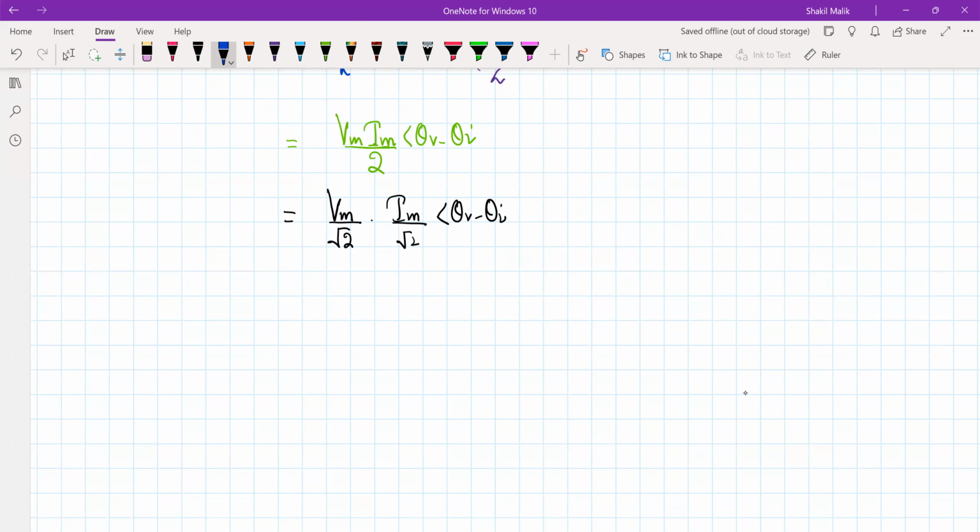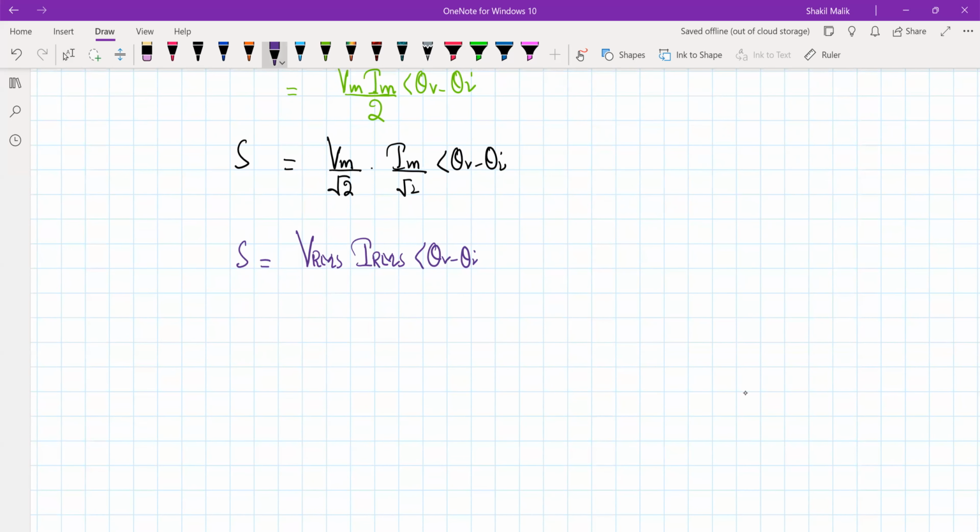So the maximum value of the voltage divided by root 2 is the RMS value of the voltage. So complex power S can be written as V RMS I RMS at an angle of theta v minus theta I.